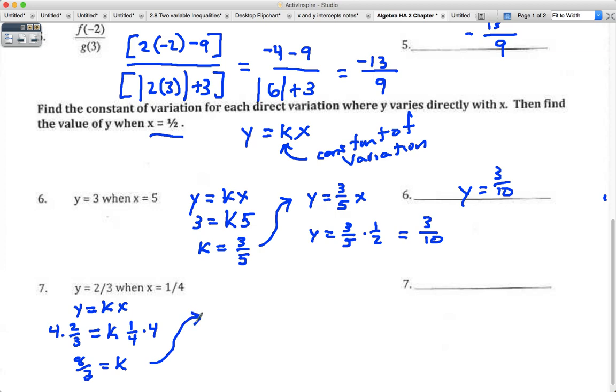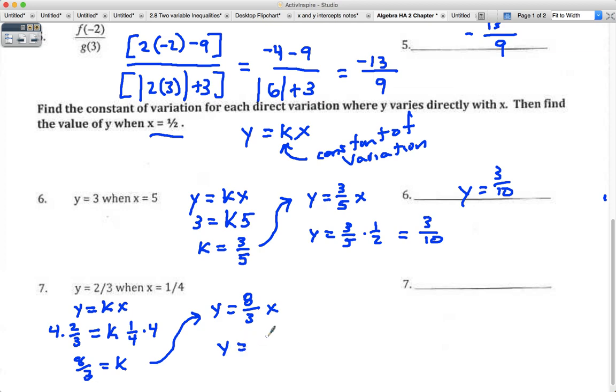Therefore, my direct variation equation for this problem will be y equals 8/3 x. Now let's find out what y is if x equals 1/2.